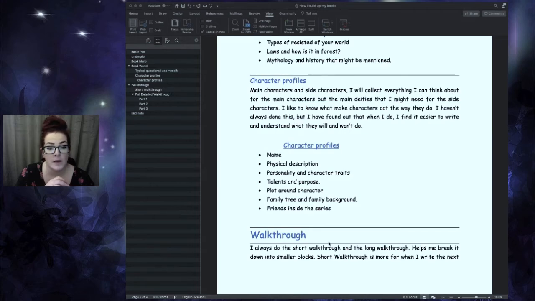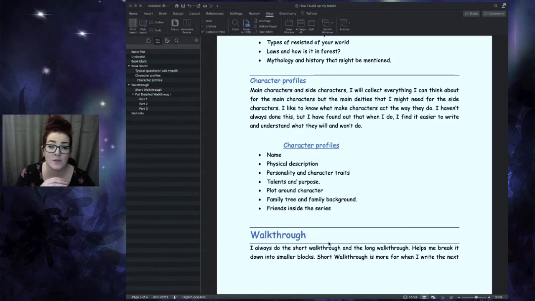The deeper I go into the story, I will add their plot, the basic instinct, the basic thought process, all the major information to their character profiles, just to make it easier to follow along as they evolve and change with the book series. It makes it easier when you have to go back and see, okay, he was blonde there, then he colored his hair, and now he's a redhead or something like that. Also, friends, foes, all the juicy information.